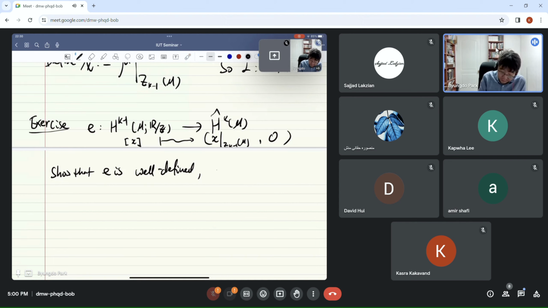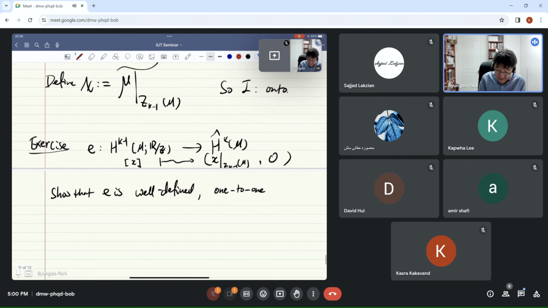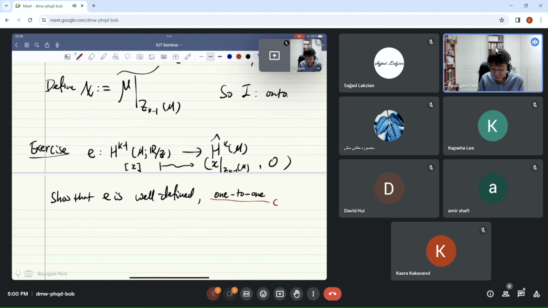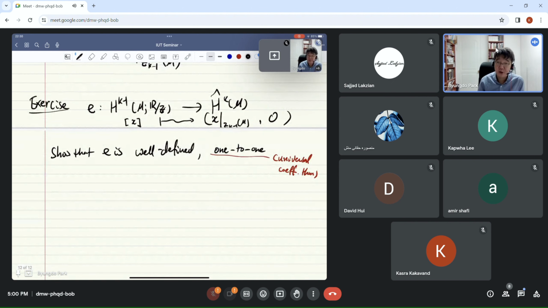And also, this is one-to-one. So I think this might be a little bit tricky. So one proof that I remember off the top of my head is using the universal coefficient theorem. So it might be beneficial for students if you're new to this topic.